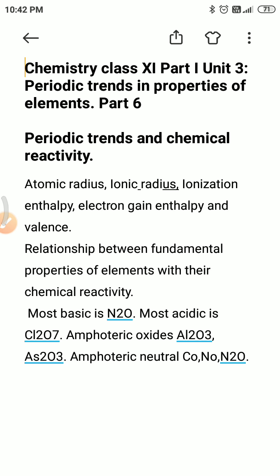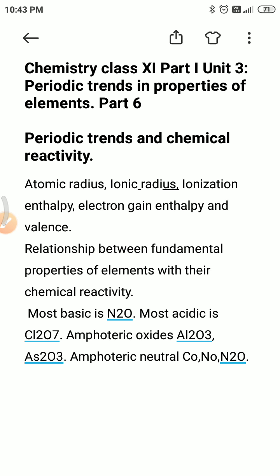Thus, the metallic character increases down the group and the non-metallic character decreases down the group.